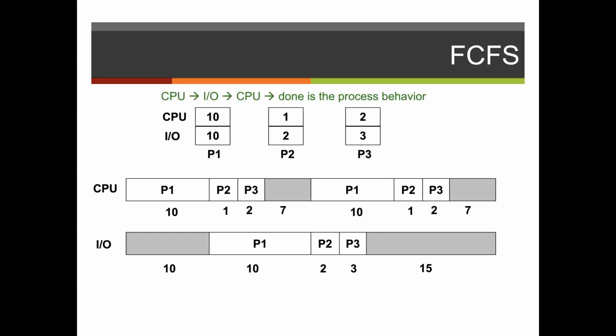So we consider that we have a CPU, IO, CPU, and then the processor behavior is completed. So in this consideration, we have the CPU and IO times, and we want to evaluate this by highlighting each of these process times. So we have P1 of 10, 10, and then P1 of 10 again.